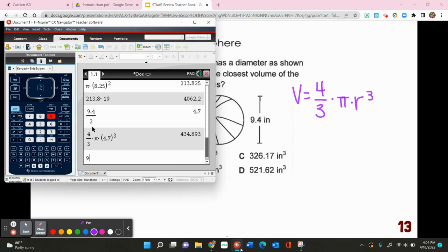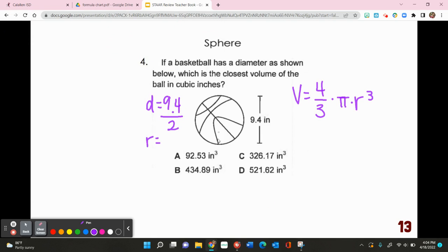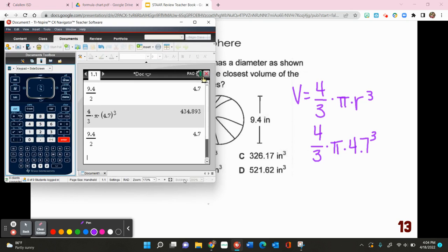So 9.4 divided by 2 gives us 4.7. Our radius is 4.7. So when we plug this into our formula, this is now 4 over 3 times pi times 4.7 cubed. Now we're going to type this into our calculators.